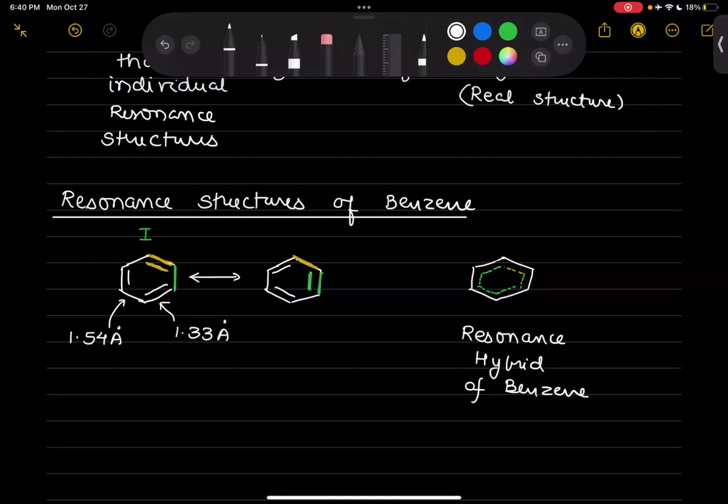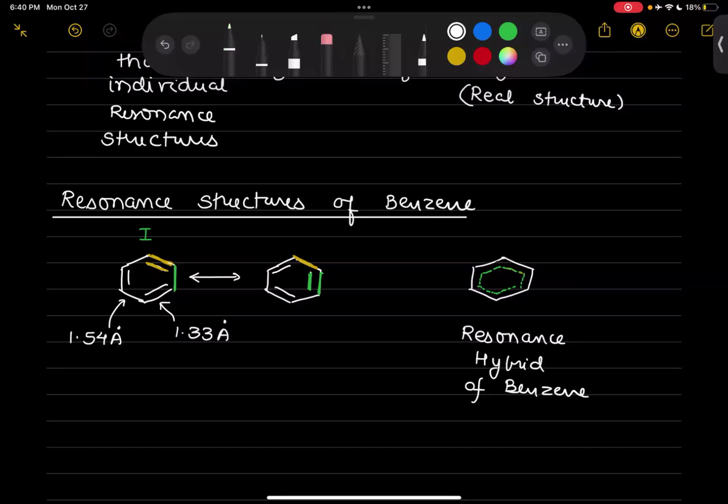Is it clear? Yes. This is the actual molecule which exists. And this is more stable because if all the bonds are connected, the electrons can move throughout the molecule and that will create more stability. It is a cyclic delocalization of electrons by means of resonance. Why am I calling it delocalization?